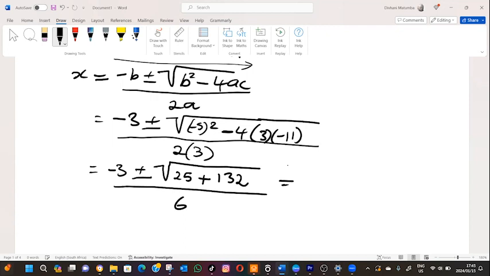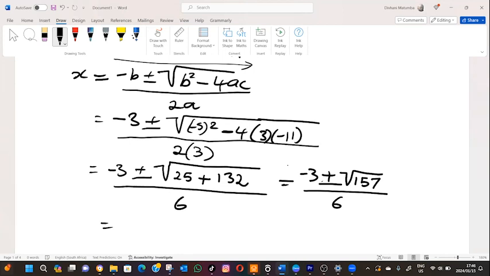Now this is equals to the square root of 25 plus 132. It will be the square root of 157, divided by 6.